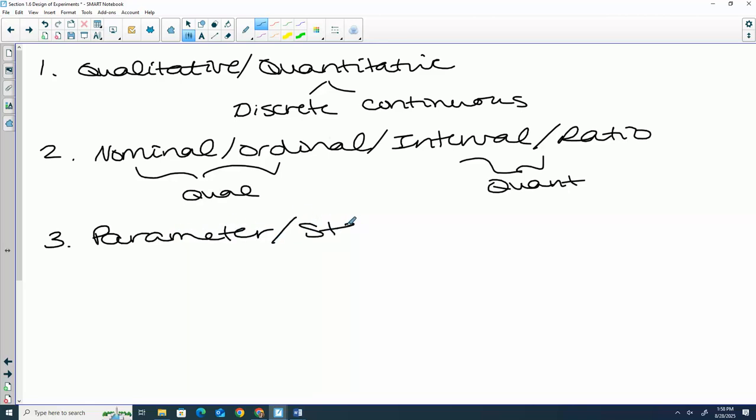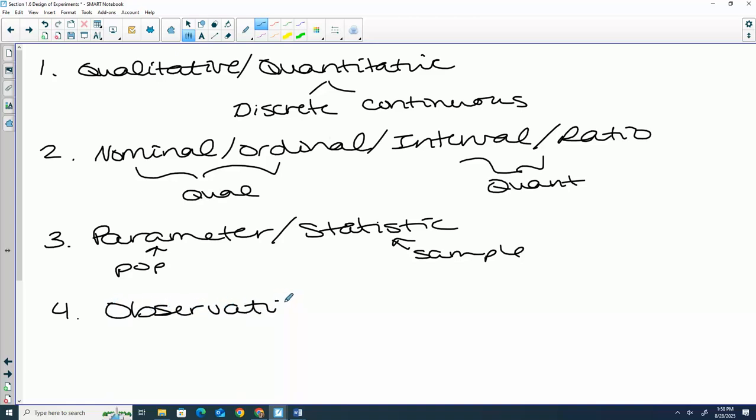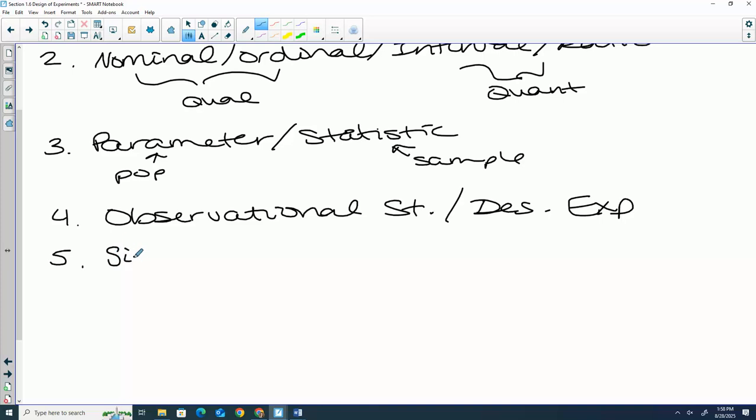We're going to talk about parameter versus statistic. What's the difference? Parameter comes from a population, statistic comes from a sample. Okay, we'll have observational study versus a designed experiment. The observational study, you're just watching. The experiment, you're doing things. And then we'll have our different sampling methods, so like simple random.